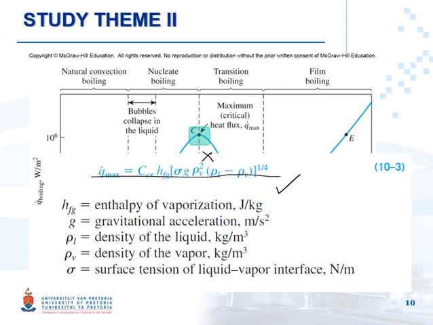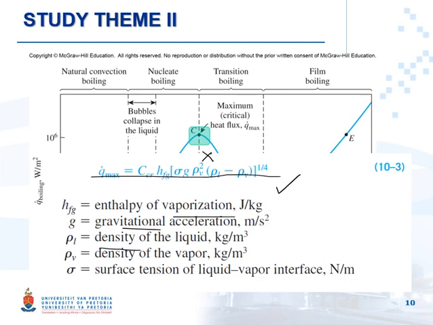We need to find the enthalpy of vaporization from the table. We need no gravity, no need. Density of liquid, no need to go to the table, we know the value.